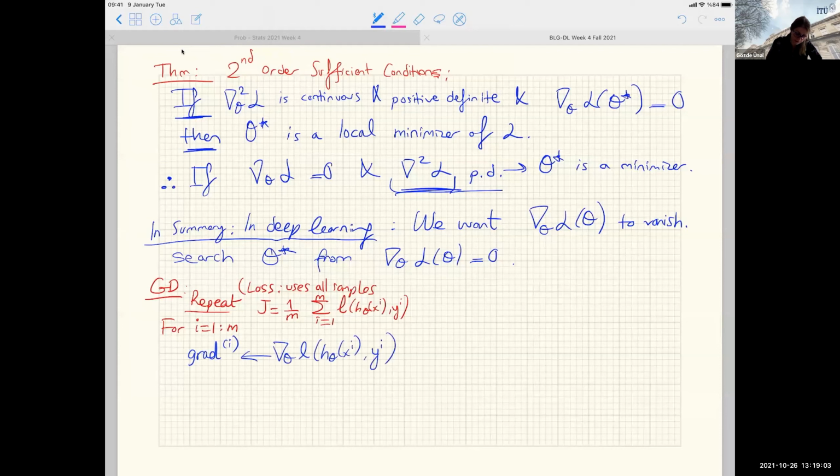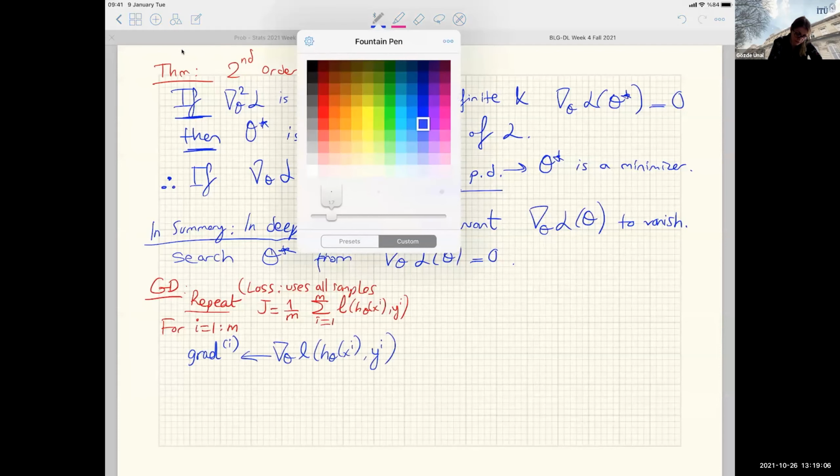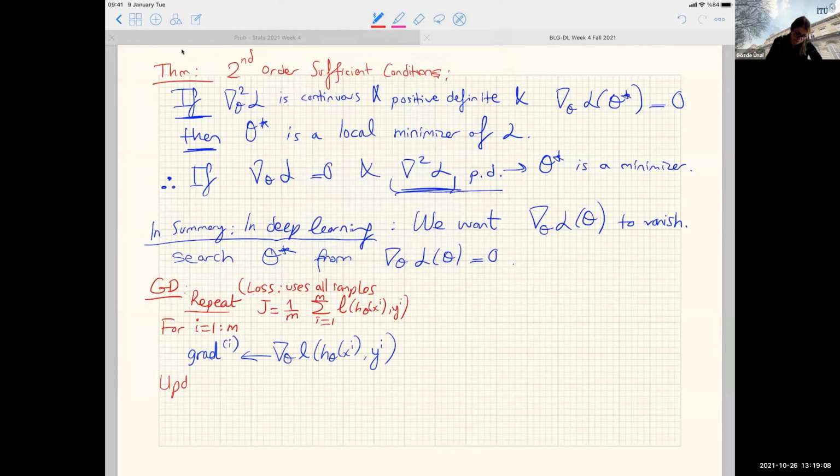Now we update the parameters. And this is the vanilla gradient descent, or the basic standard gradient descent, okay?